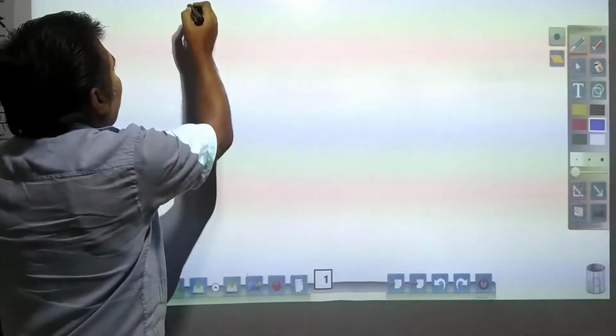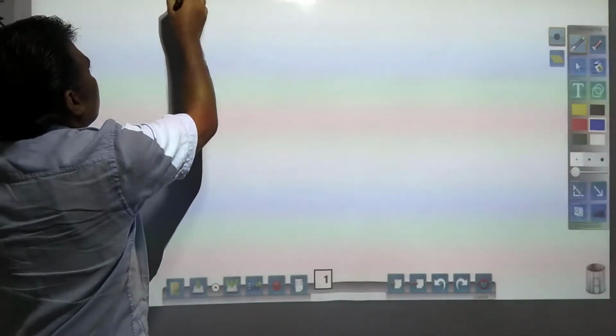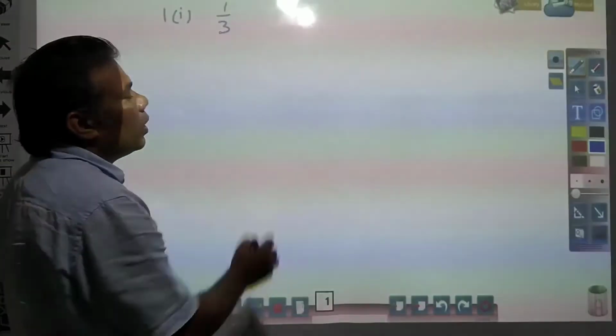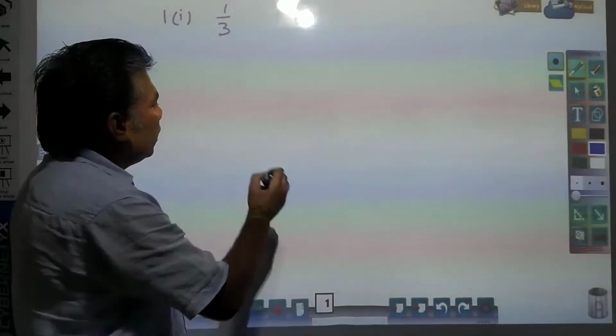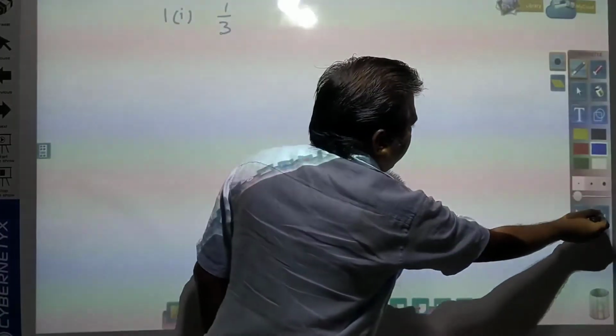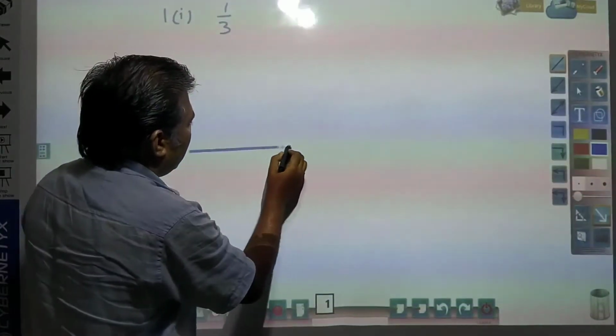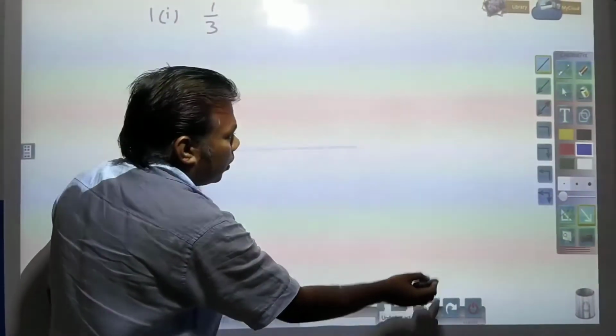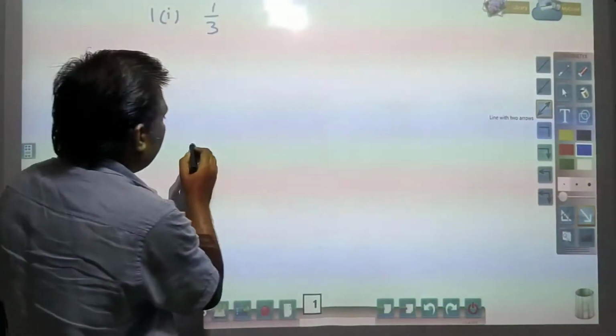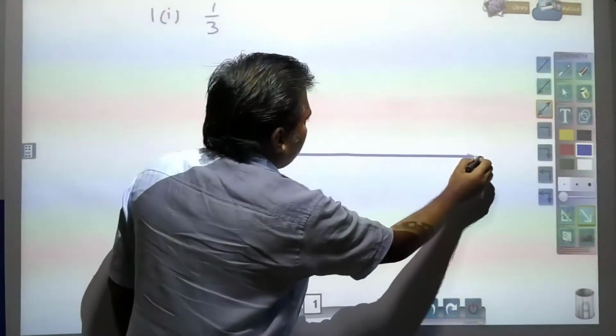Here you see, the first question, 1 by 3, is required to be drawn on the number line. So first of all, what is needed? One straight line is required to be drawn, in this way.